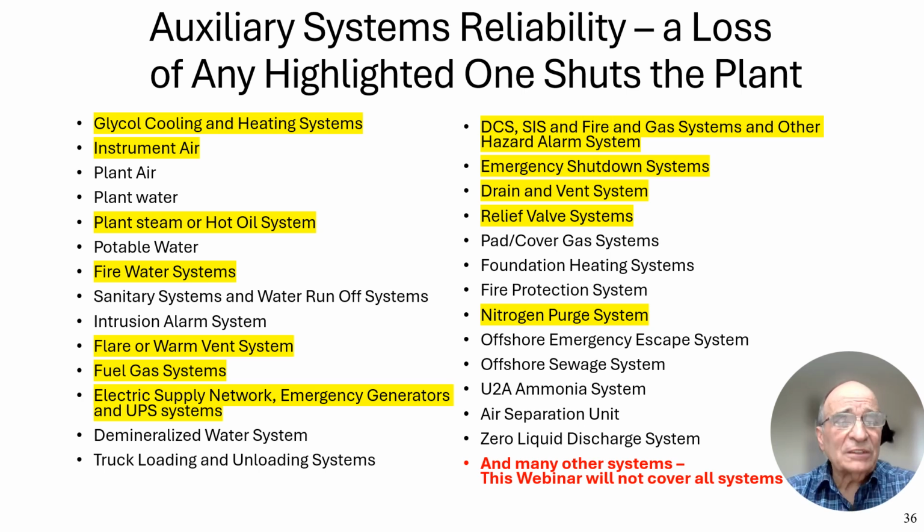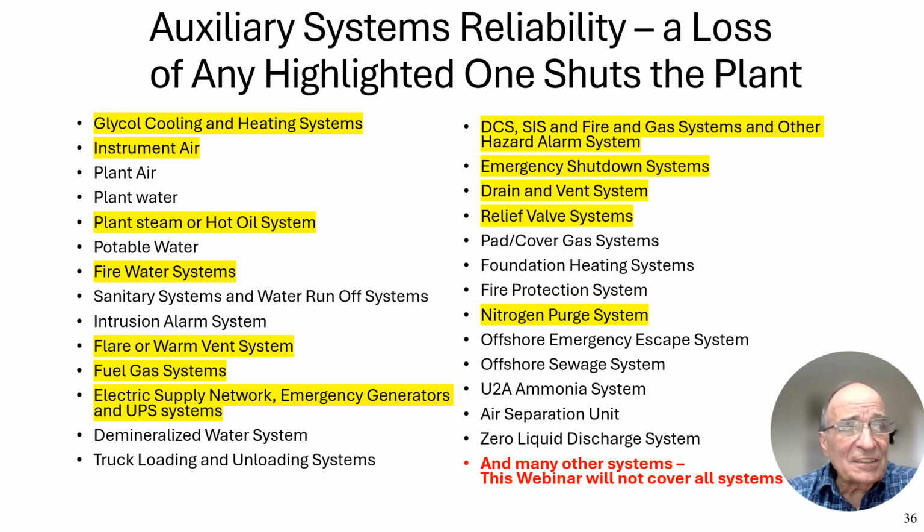If I had to pick the one system that stands out as being the most important, I'd have to say it's a toss-up between the instrument air and the computer systems that control the plant, because control is key, and control is done by both the instrument air as well as the computerized systems that control the plant.